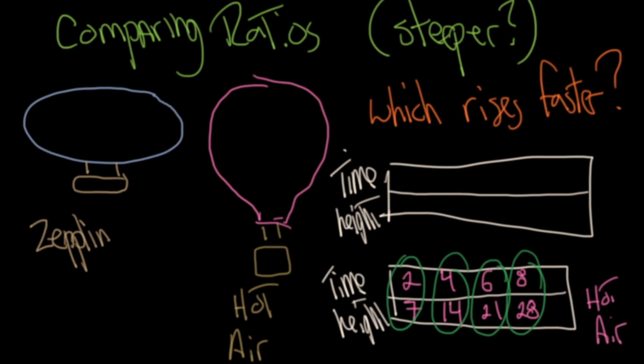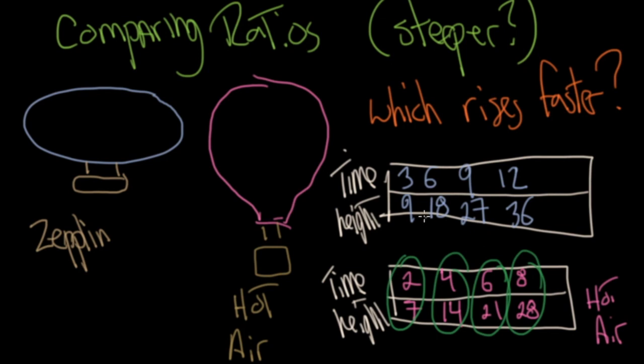The Zeppelin will say in 3 seconds, it went up 9 meters. In 6 seconds, it went up 18 meters. In 9 seconds, it went up 27. And in 12 seconds, there we go, it went up 36 meters.